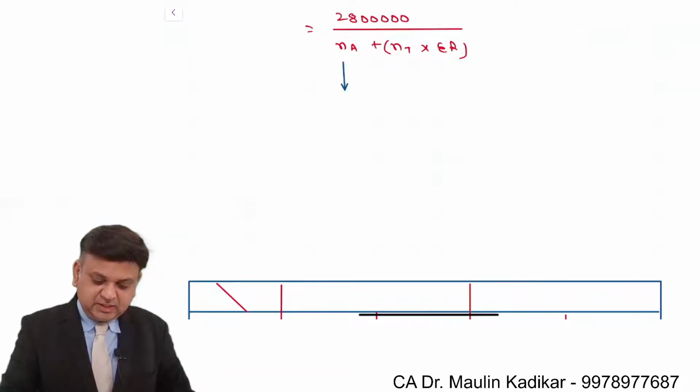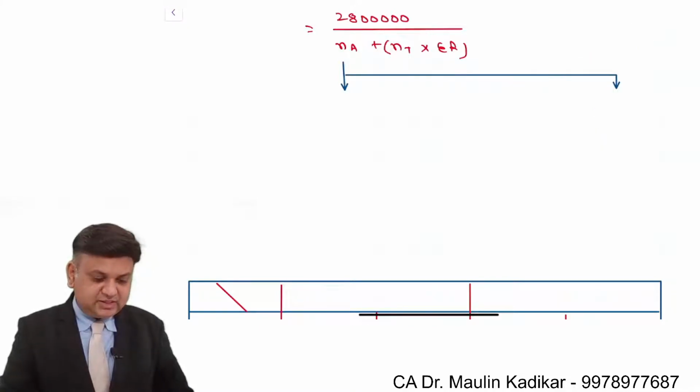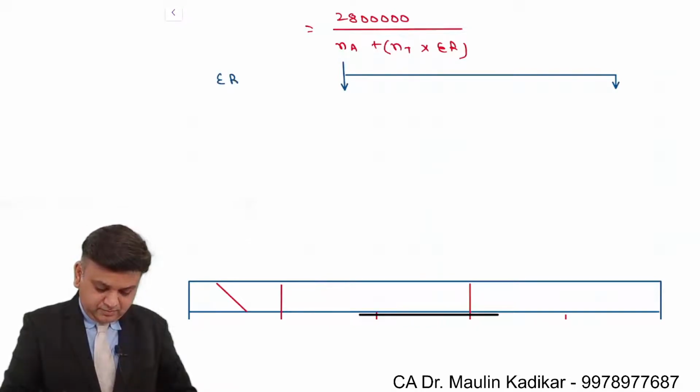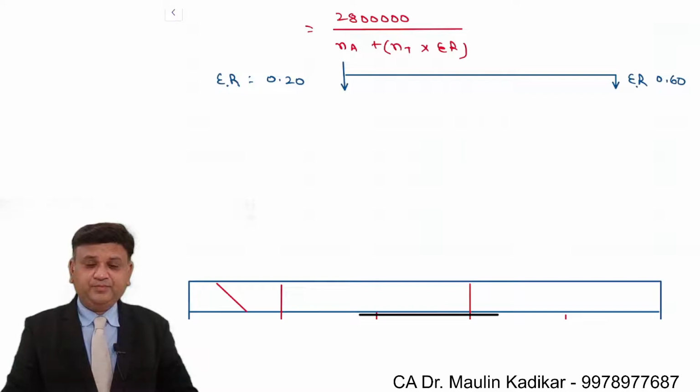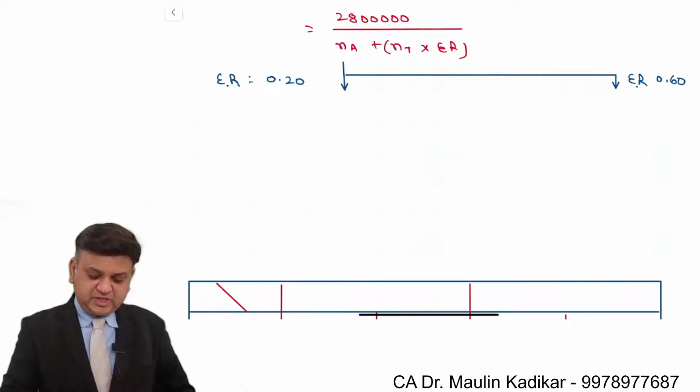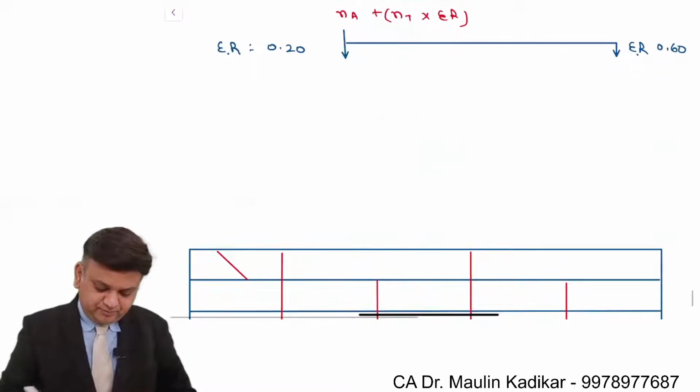This is the way we can compute the number of shares of the merged firm. There are two exchange ratios provided in the question. The first is 0.20 and the second is 0.60.